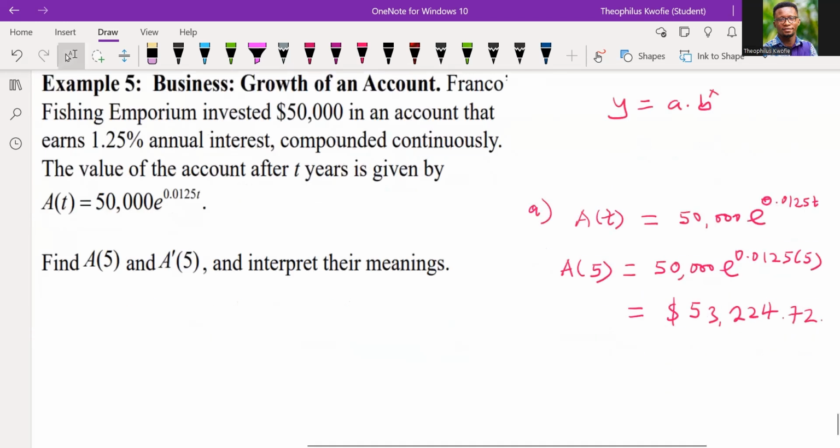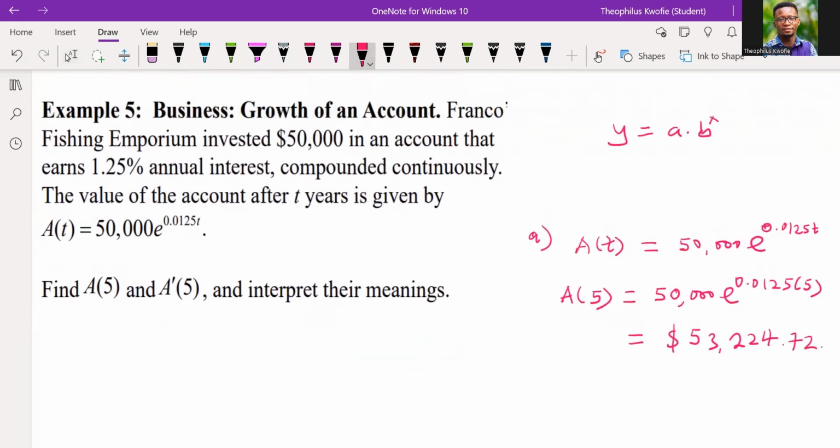Now the B part is that we want to find the rate at which the value is changing, so A prime of 5. The prime means the rate at which the value of the account is changing. For us to do that, we first have to find the first derivative of the given function.